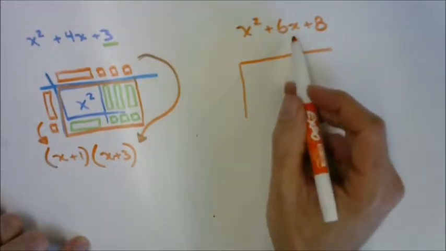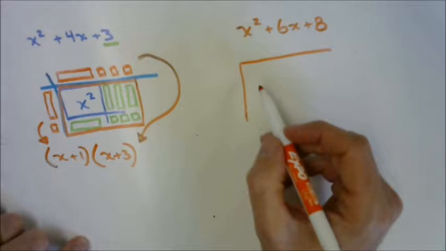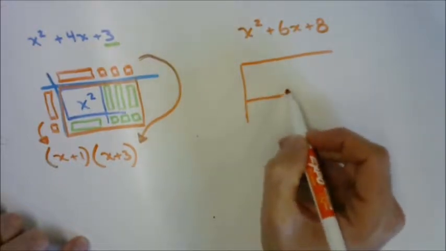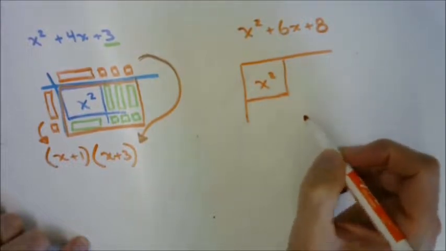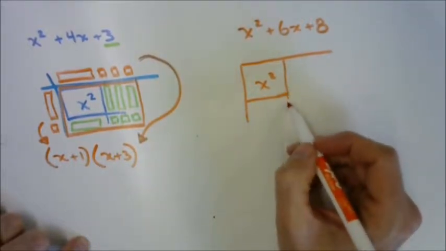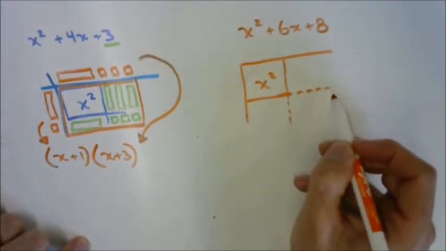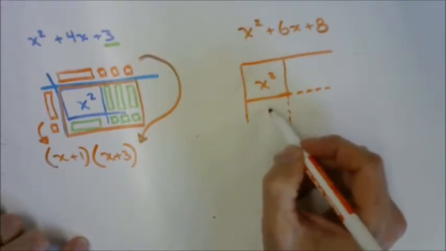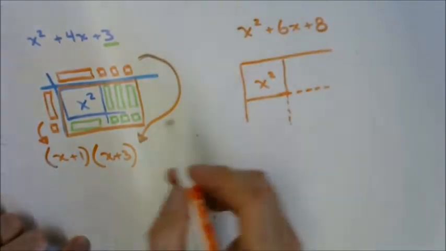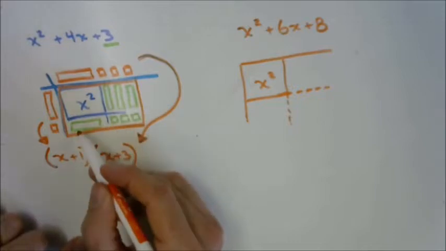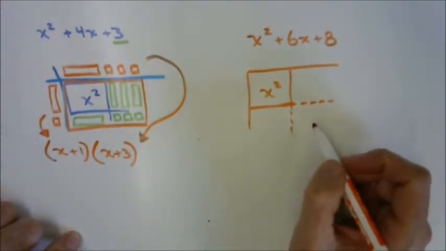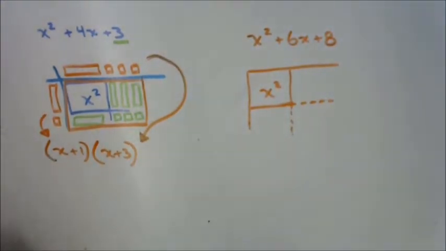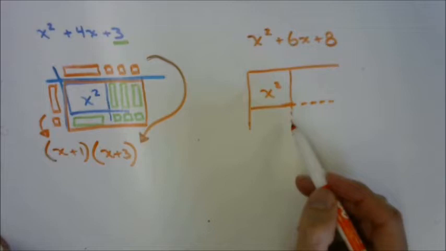We don't know much about the box except that it has x squared in it, right? Now we know also that our x's are going to go here and here, just like in our algebra tiles, right? Our x's are in these corners. And our 1's are going to be in this bottom right corner. Well, how many 1's do we need? We need 8 1's. How can I arrange this in order to get 8 1's?